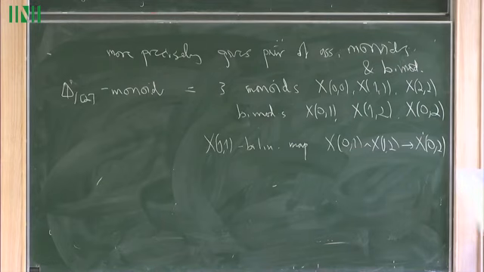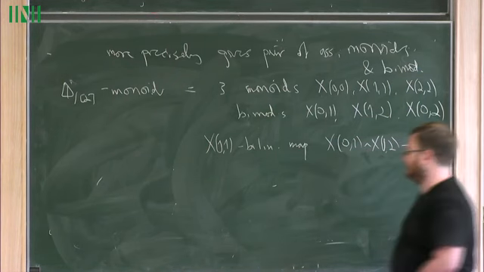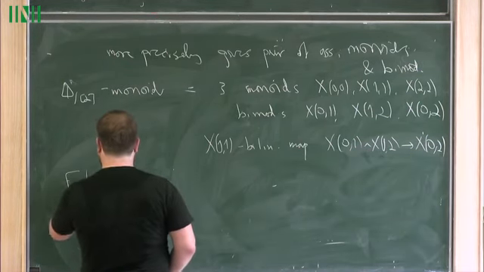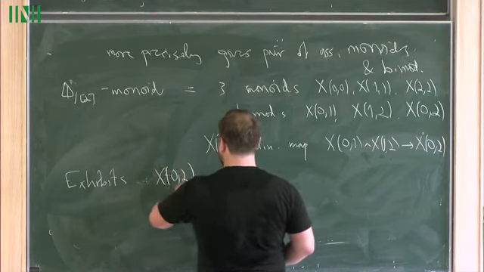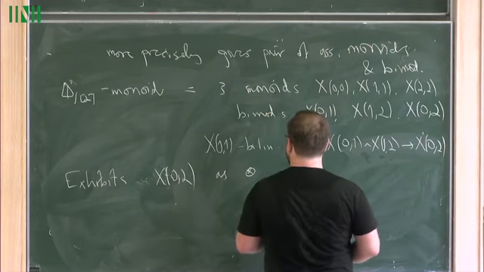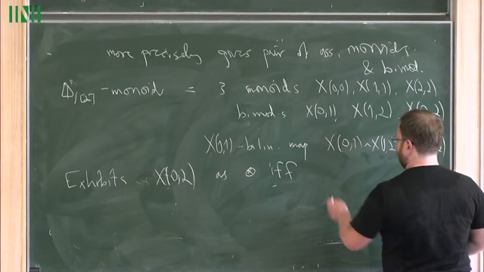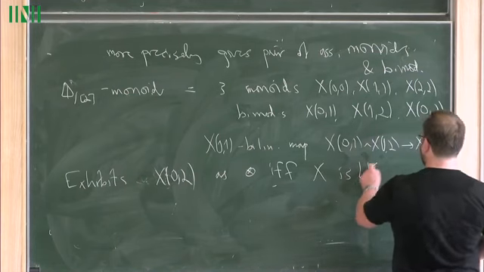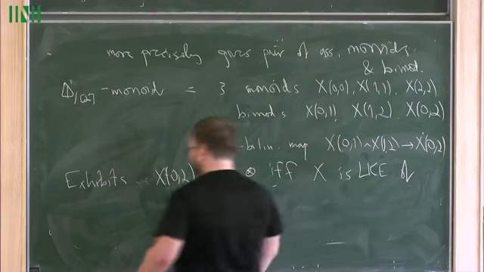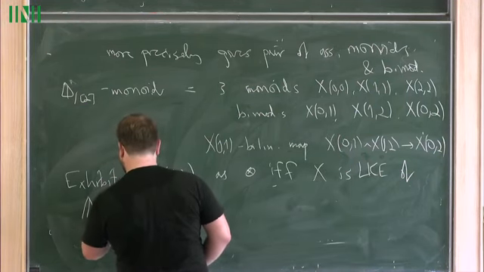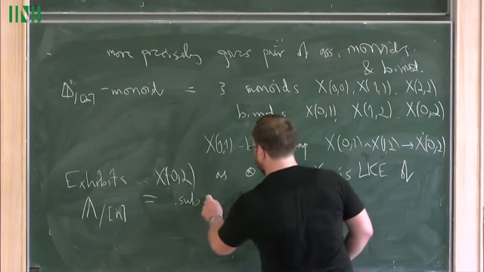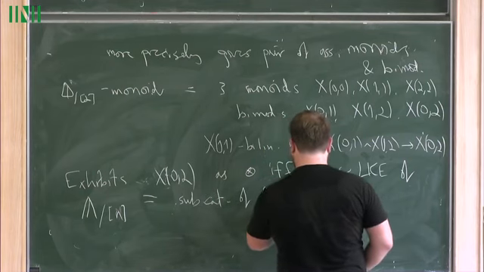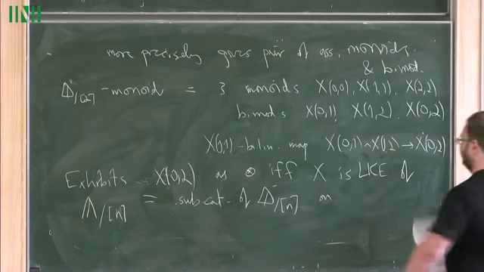And it turns out that this delta over 2 monoid exhibits x02 as the tensor product of these other bimodules precisely if this delta over 2 monoid X is a left Kan extension of the subcategory lambda over 2, where lambda over n is the full subcategory of delta over n on the sequences where you can't go up by more than 1.